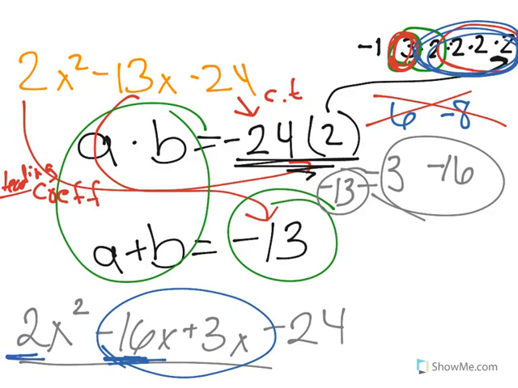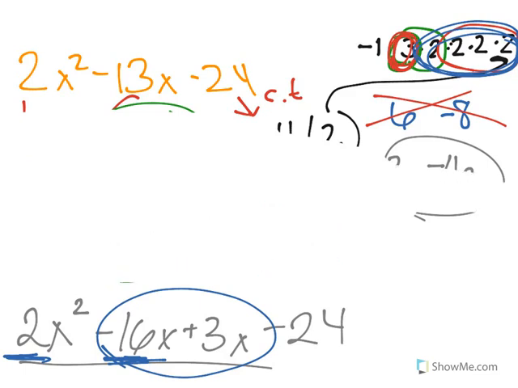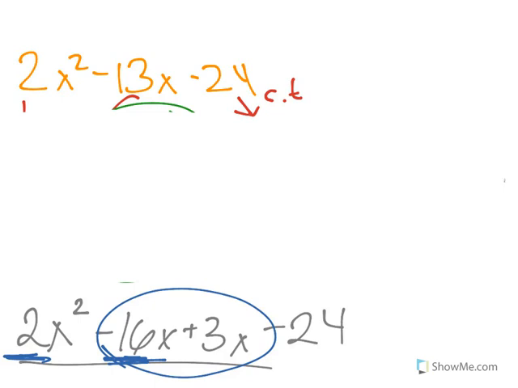In this case, our leading coefficient is 2. Which one has a common factor with the 2, the 3 or the negative 16? It's the negative 16, so that's why we write it first. And now we just group them, and we're ready to factor our numerator.